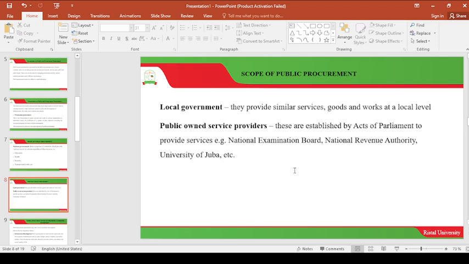Then another part is the public-owned service providers.